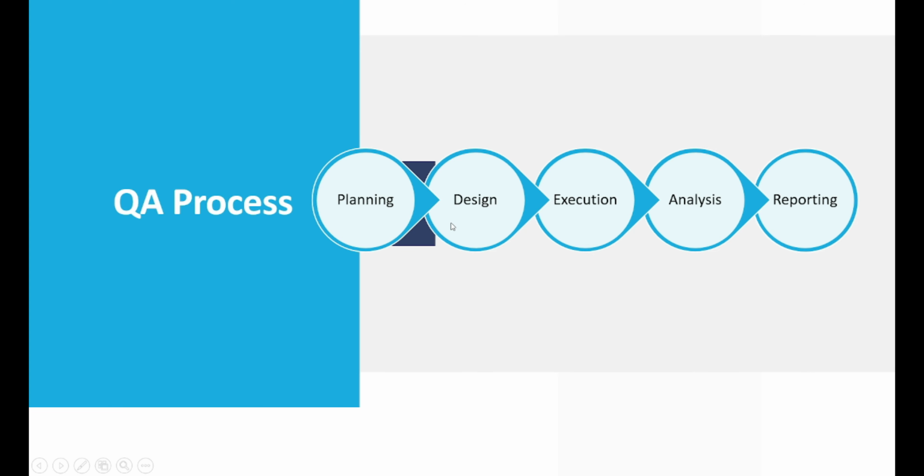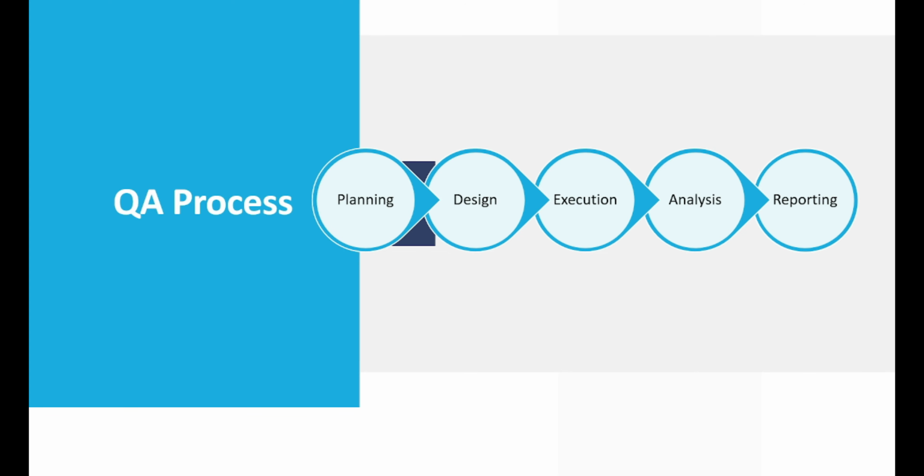So you need to create the test cases. As a QA, you need to create the test cases. According to the test cases, you need to do the execution. If the execution result is positive, you put pass. If the execution result is fail, you put fail. Then you need to analyze all areas of the project. Then you need to report.